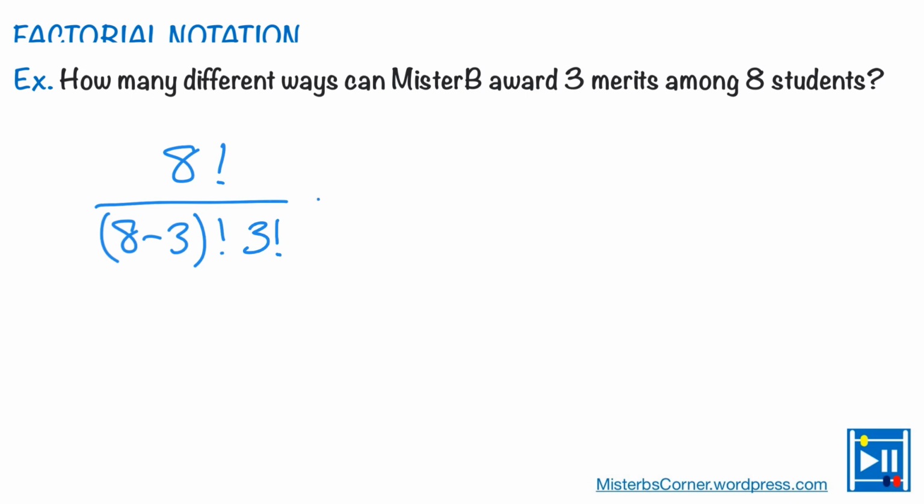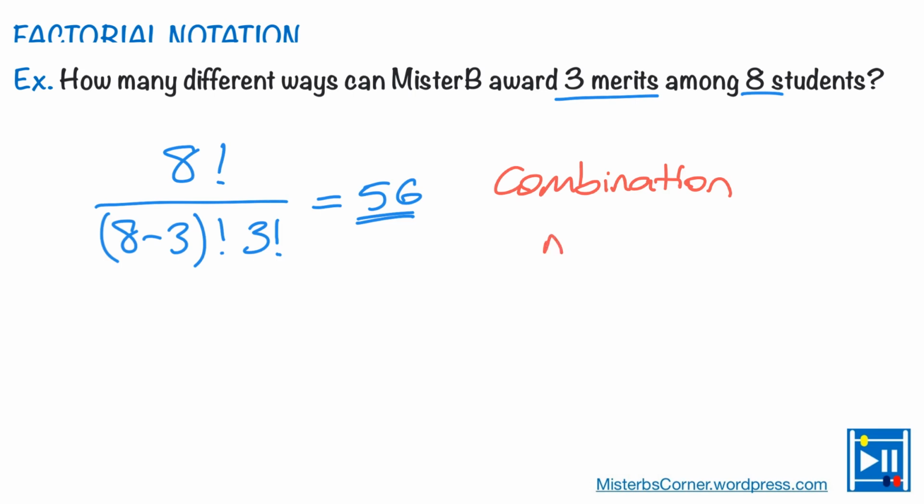So this calculation will give me 56 different ways to just give 3 merits among 8 people. This is called a combination, and it's shown as nCr. Now, this means r choices among n objects where the order is not important.